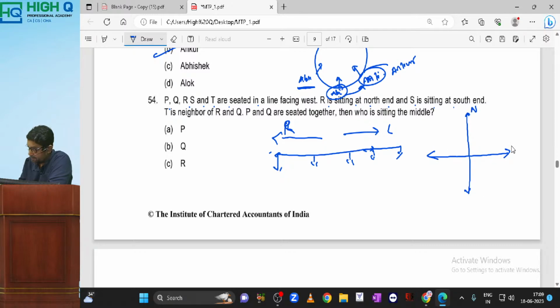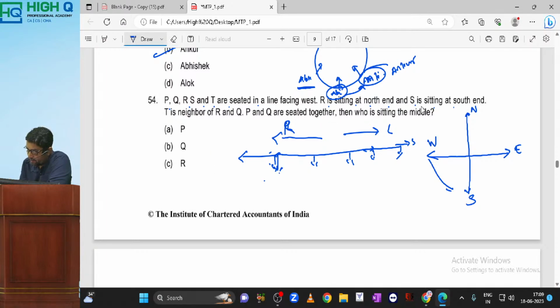North, east, south, west. Correct? So what I did is, I rotated. So when they are facing this direction, west is this now. This is going to be my north. This is going to be my south. And this will be my west. So based on that only everything changes.